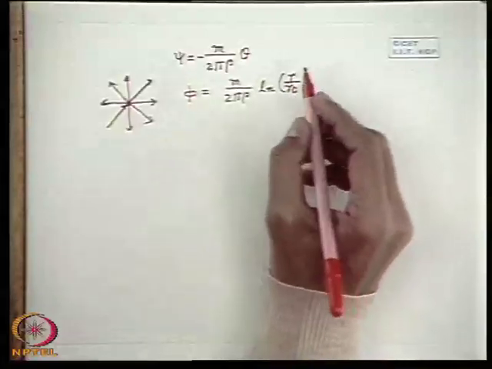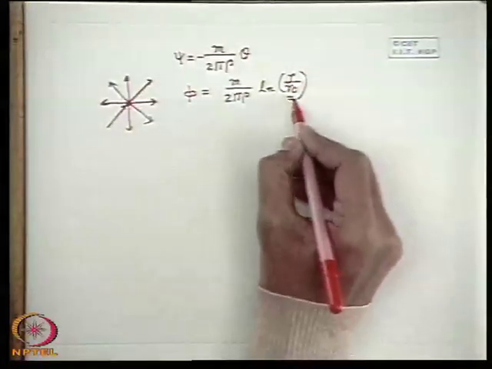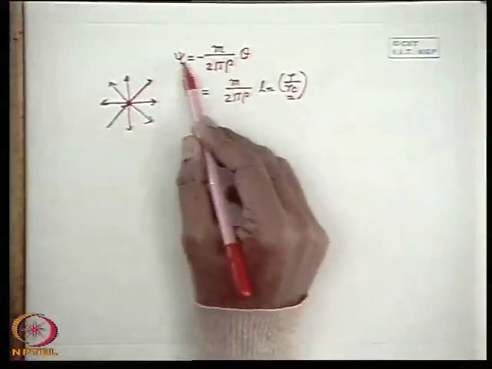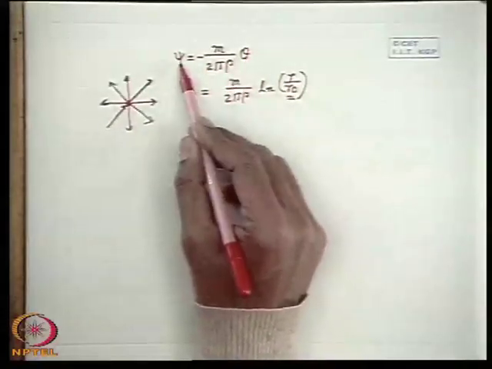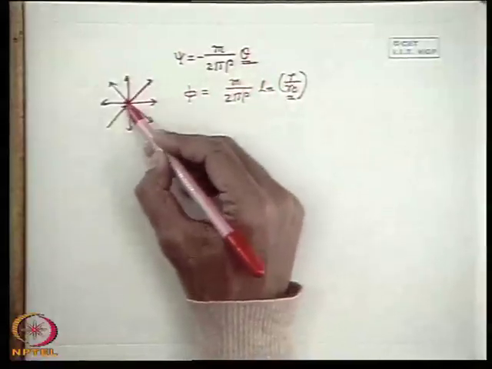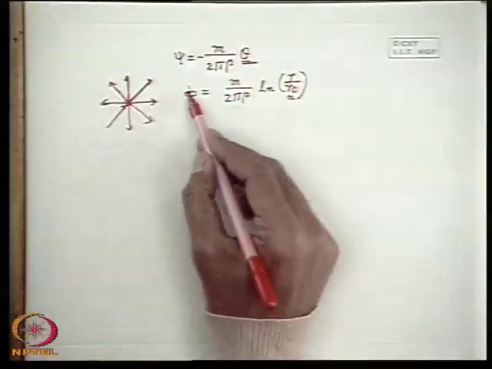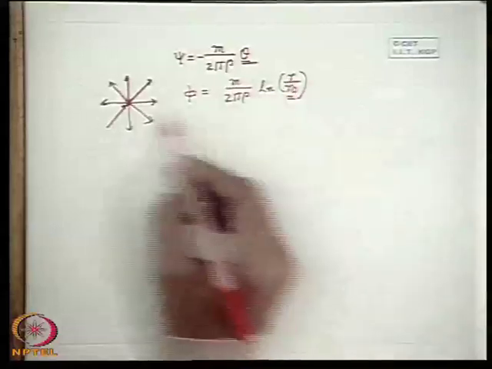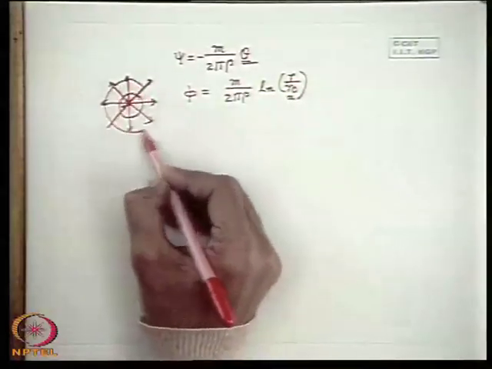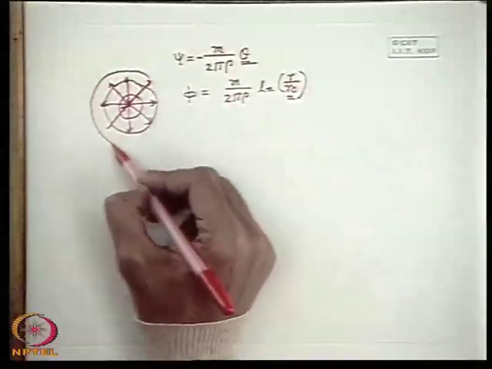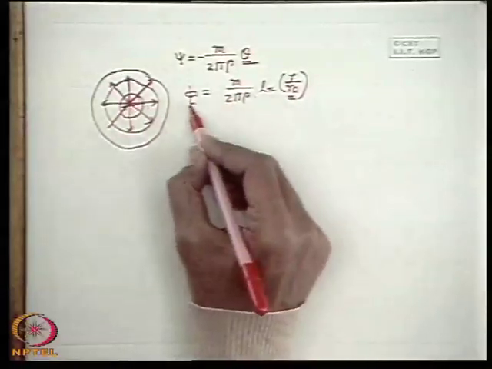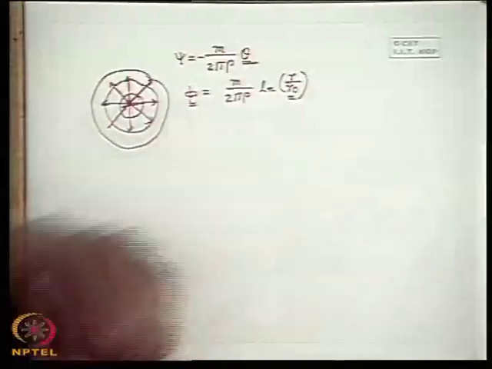So first of all, the constant psi lines, that is the stream lines, are where theta is constant, that means the radial lines. Similarly, equipotential lines are the lines where r is constant if you make phi equal to constant. So these are concentric circles, and r0 implies a radius where we have considered an arbitrary value of 0 for the phi function.